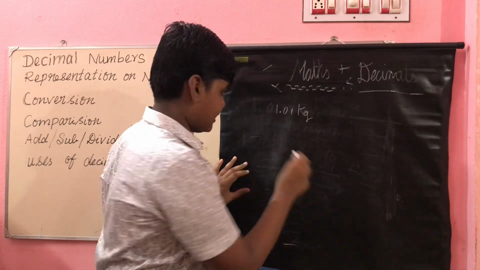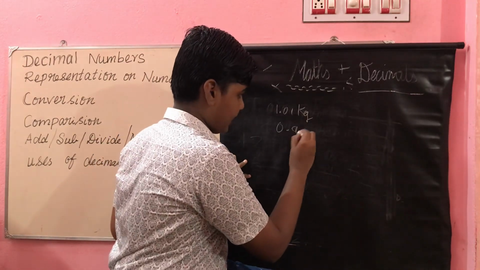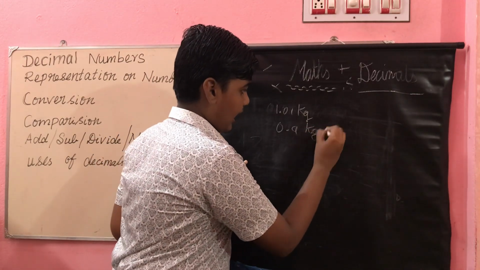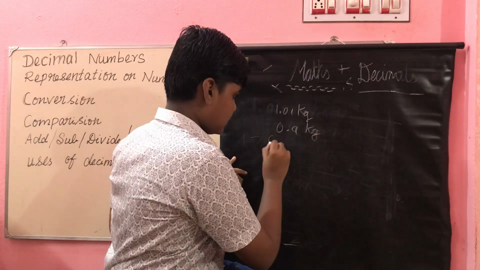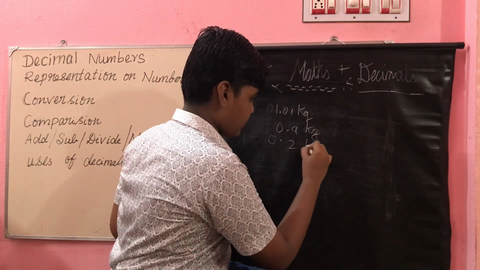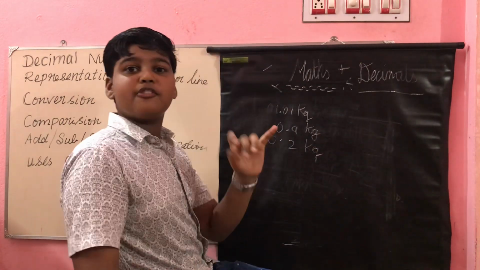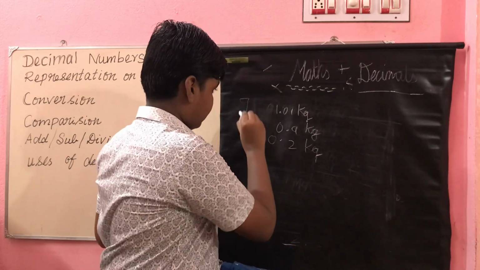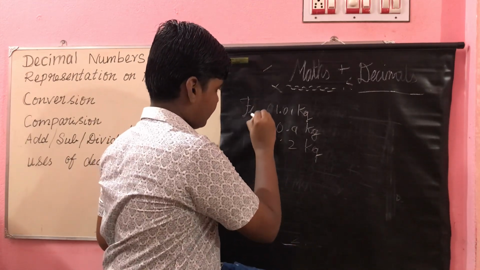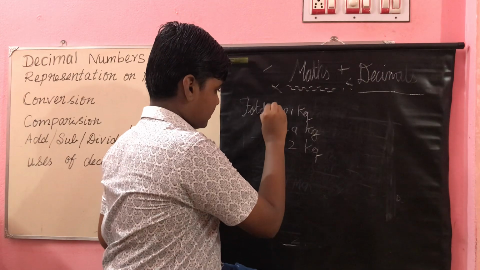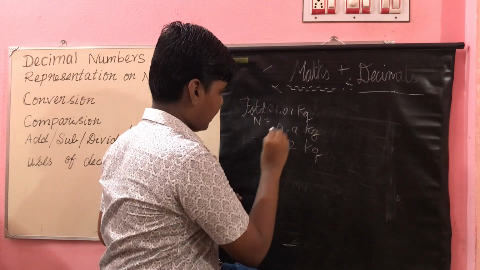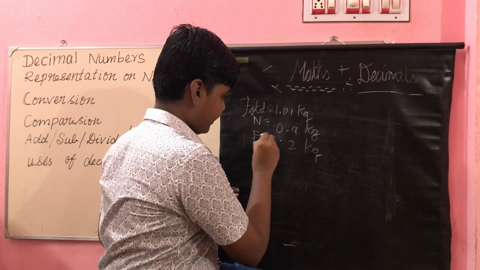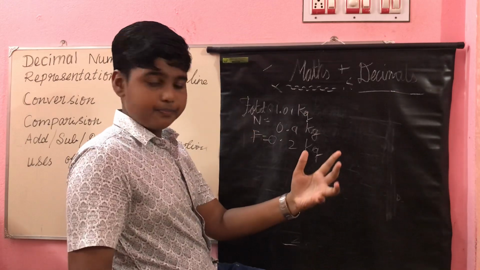He gave his neighbor 0.9 kg and his friend 0.2 kg. How much is left with him? This is the total, this is the neighbor and this is his friend. So how much is left with him?